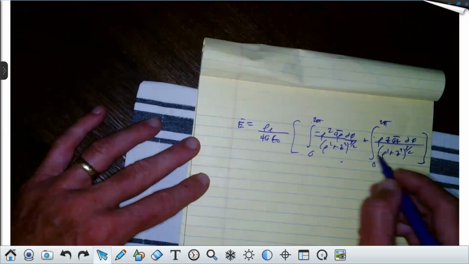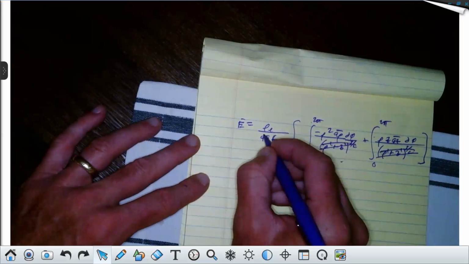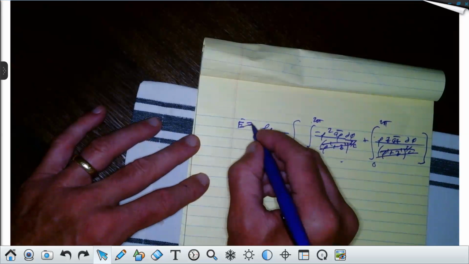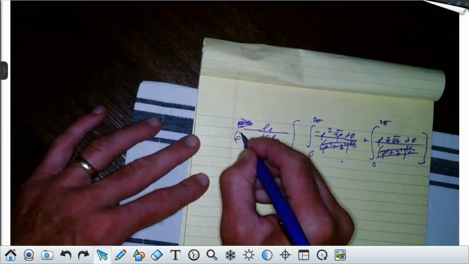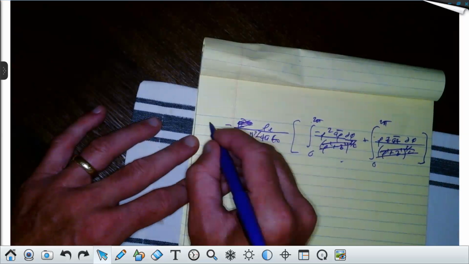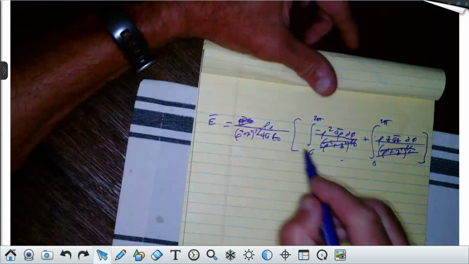I'm going to do that right here. It's going to be a little messy, but you can see what I'm doing. I'll have this as rho squared plus z squared to the 3/2 power. I'm only doing this for the sake of time because it's 9:07. And that's not going to be an issue.